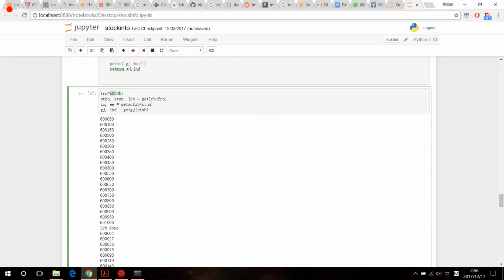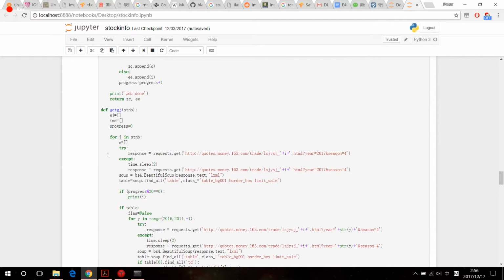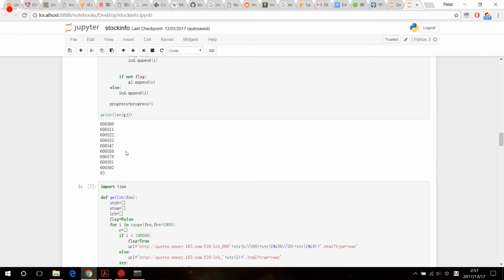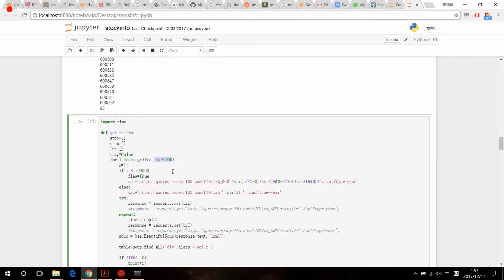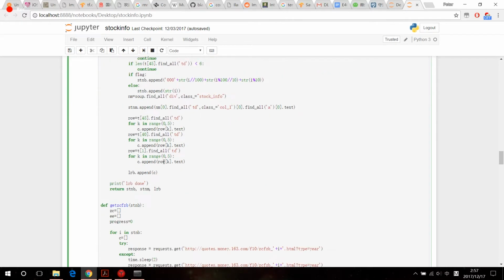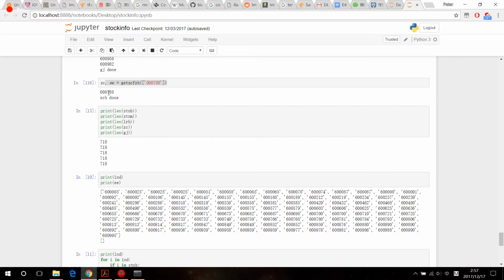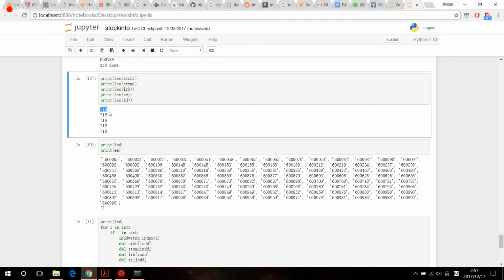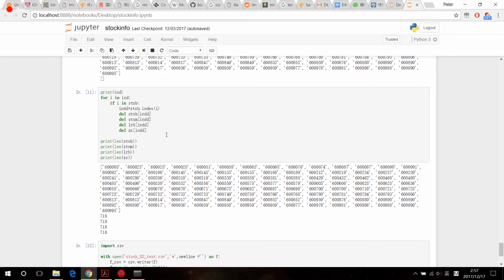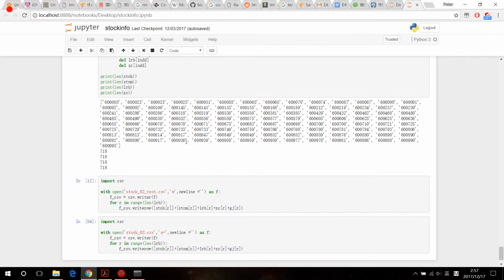I start from this start number to 601,000, and we can actually get 788 stocks, and we can get this many stocks which meet our standard.